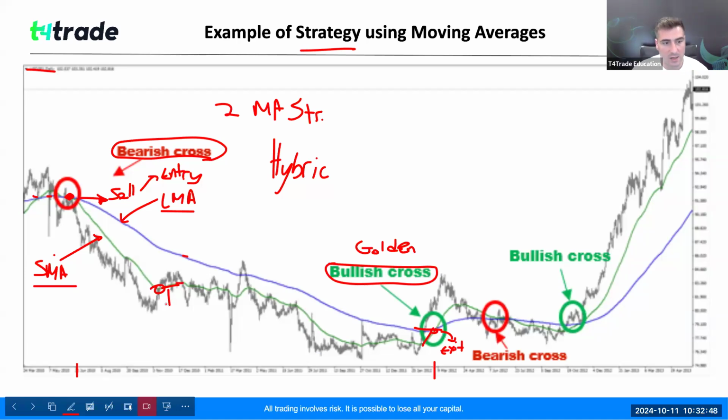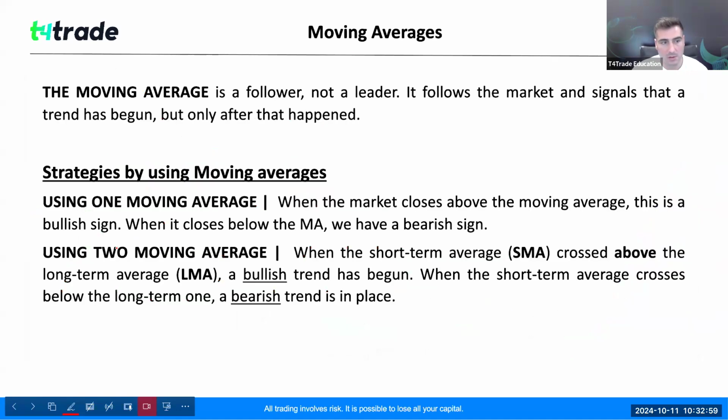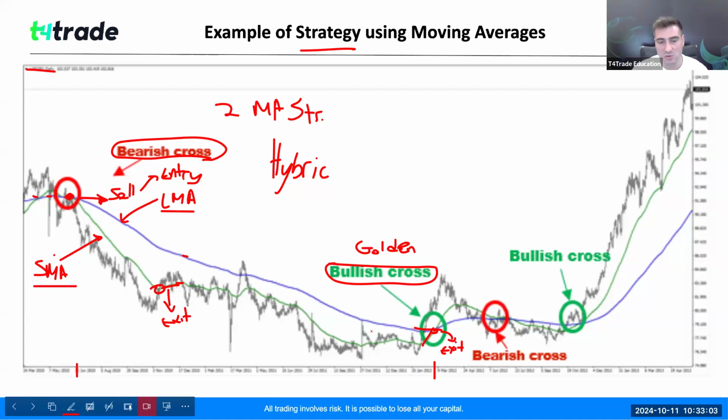So this could have been your exit point right here. As soon as you see the price action breaking above. That's why it's hybrid. We're using the two moving average strategy, but an adaptation, a hybridization of this kind of strategy.